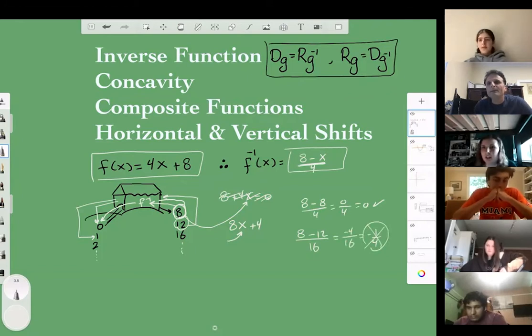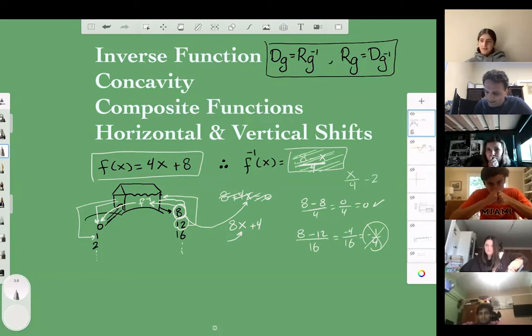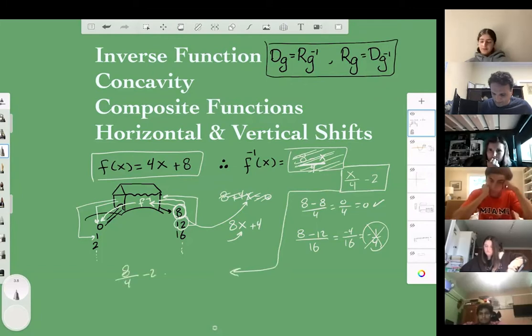Is it x over 4 minus 2? So this is not correct. Good try. So x over 2 minus 4, let me try this one. 8 over 4 minus 2 gives us 2 minus 2 equal to 0.